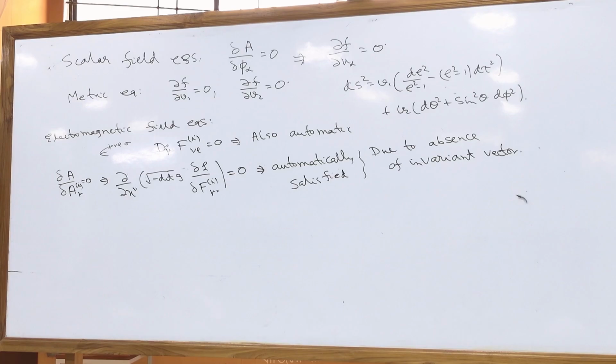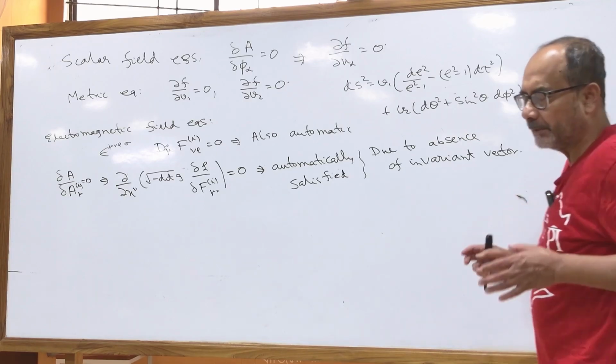Okay, so let me just say this. PI is the magnetic charge. That's perhaps not surprising, right?